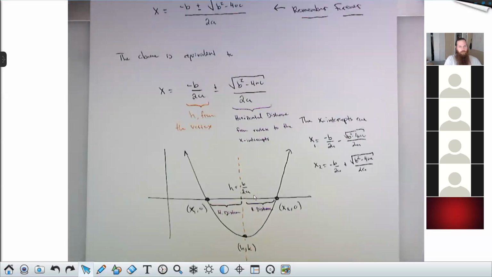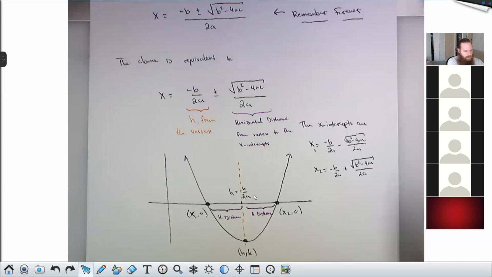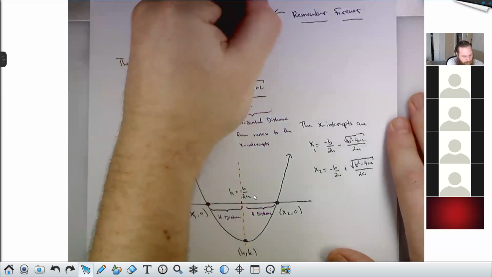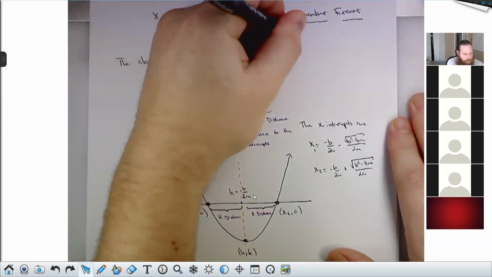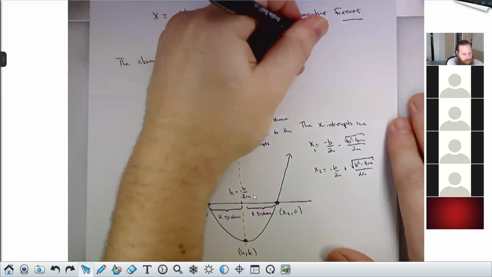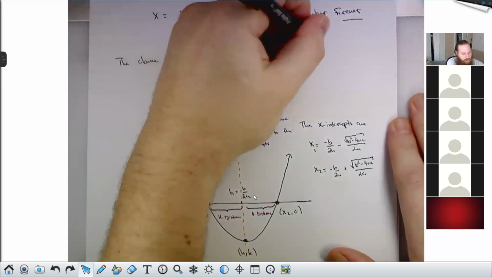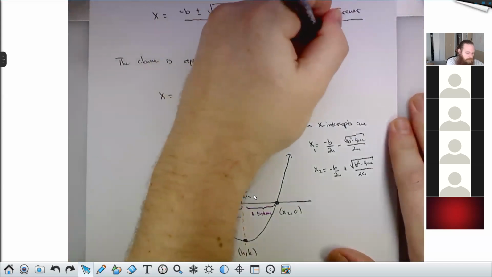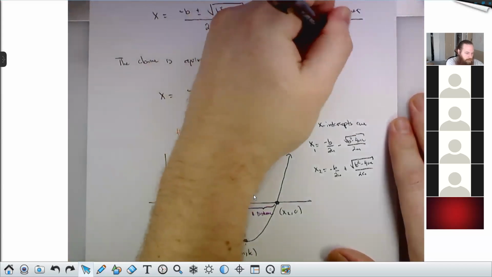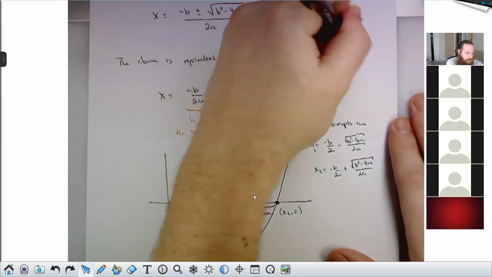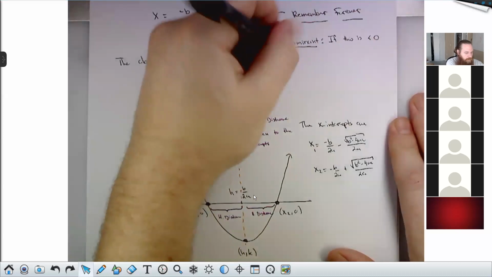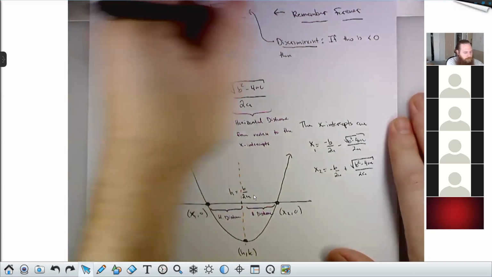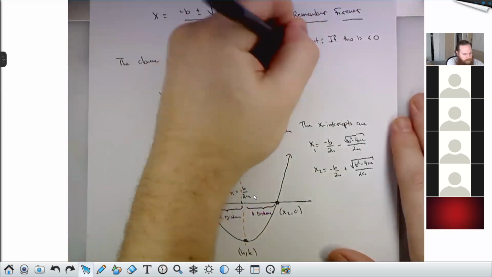So if this is negative, then you're trying to take a square root of a negative.